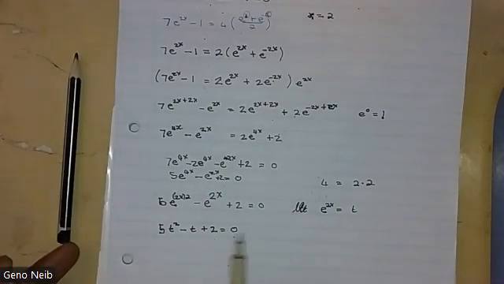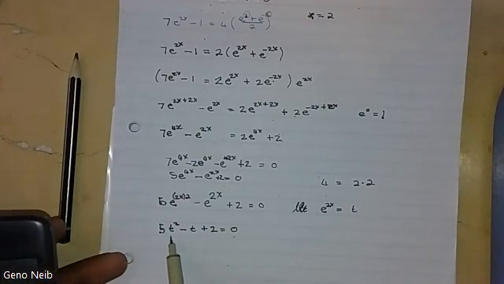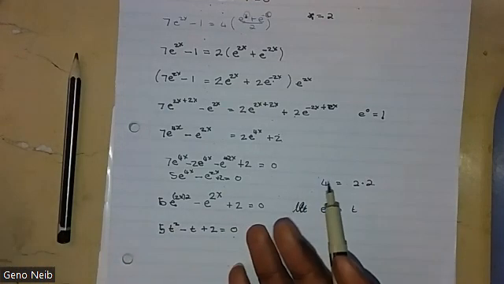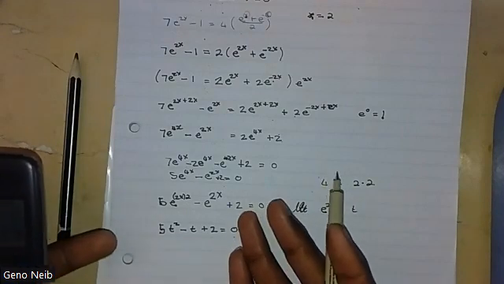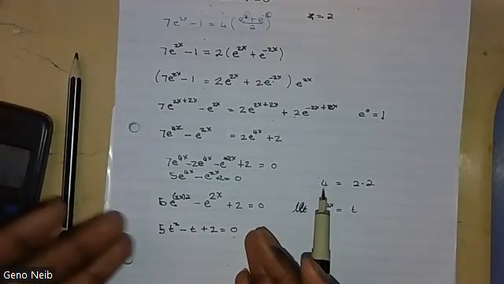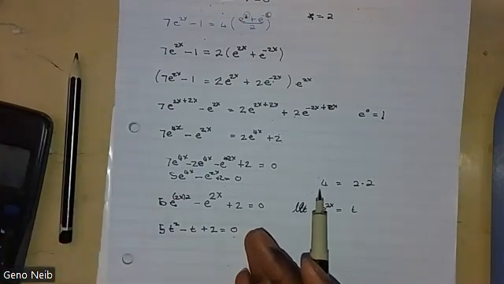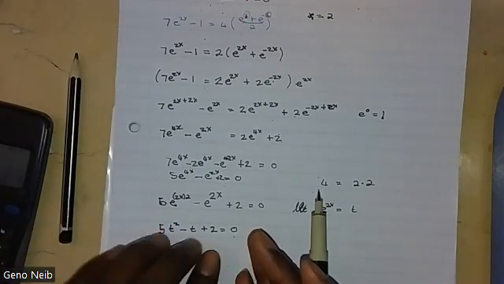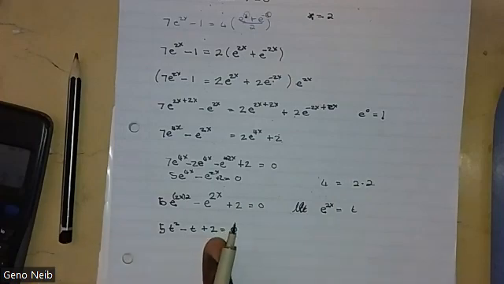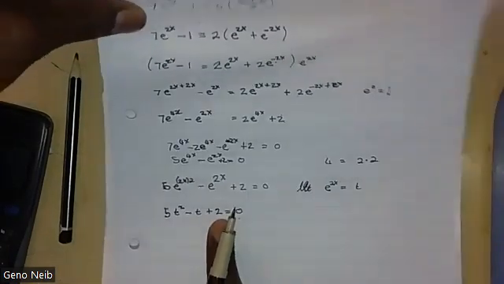And now we have come to what is more familiar to everybody, a polynomial function of degree 2, which is a quadratic function. You understand? This one we can solve using the quadratic formula or by factoring. But this one will not factor, so we have to use the quadratic formula.